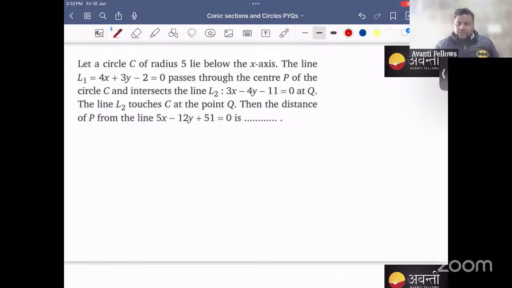Hello. Yeah, have you tried it? Now see, a circle C of radius 5 lies below the x-axis. Again I'm telling you, for any question, if you are not making a good neat and clean diagram, you are going to make a mistake. Got it?